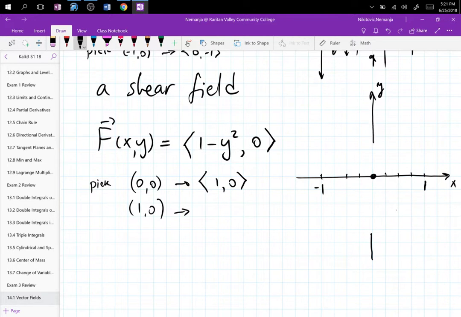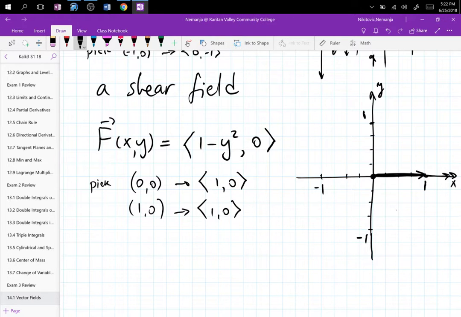1, 2, 3, 4. 1, 2, 3, 4. So we need to draw a larger picture because everything is, you'll see why. So this is actually the first vector we put. There we go. So at 1, 0, there's going to be another vector going this way.